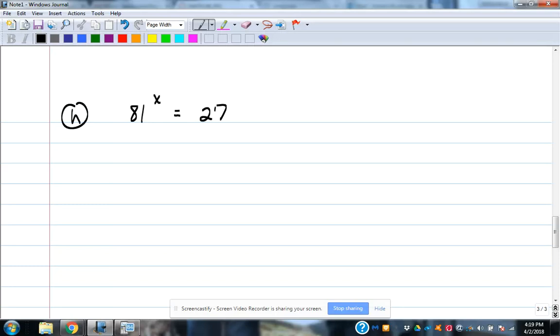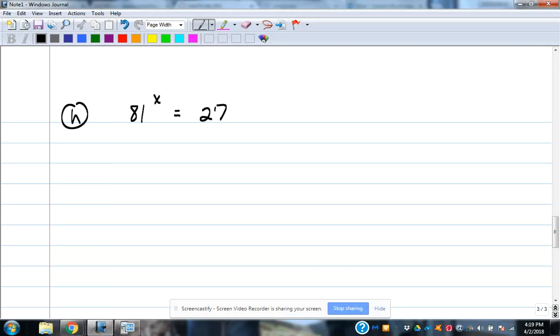One way would be to try to turn it into an exponential equation on both sides, where you have 81 and 27. What's the relationship between 81 and 27? Both divisible by 9, which means they're both also divisible by what? 3. So 81 can be turned into 9 squared, but 27 is 9 times 3. It's not 9 to a power. So that's why I bring up the 3.